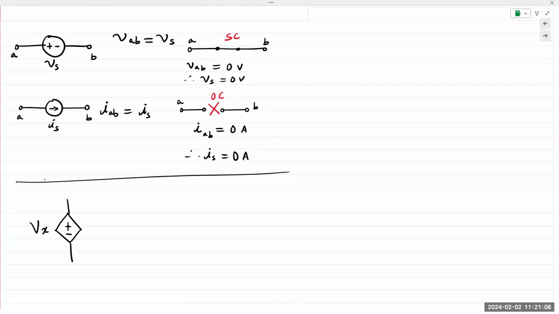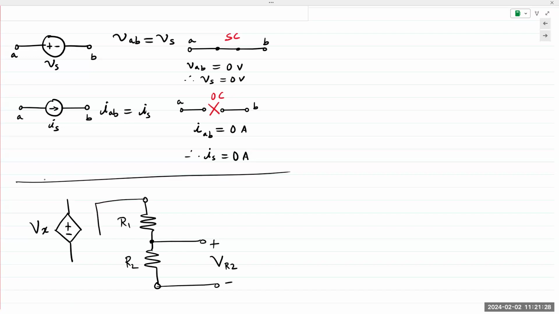Simplest explanation I can give is like a voltage divider circuit. If you have two resistors in a circuit, I could take this VR2 and I would be applying, let's say, Vs plus minus here.